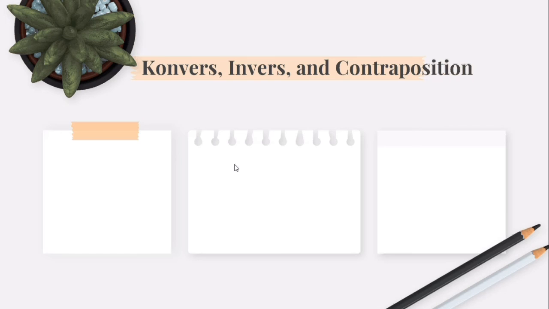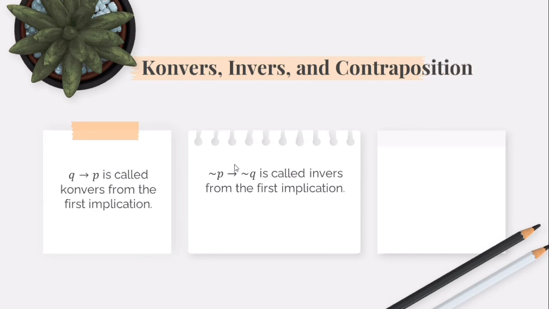Now, we will talk about converse, inverse, and contraposition. First, if q then p is called the converse of the implication. Second, if not p then not q is called the inverse of the implication.